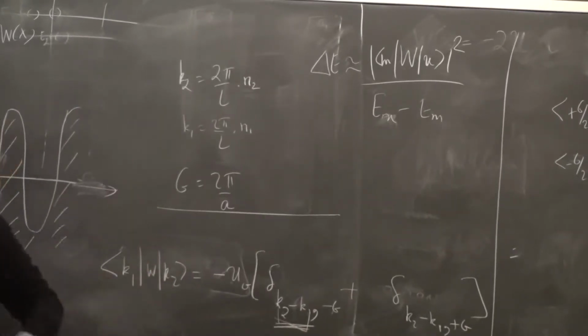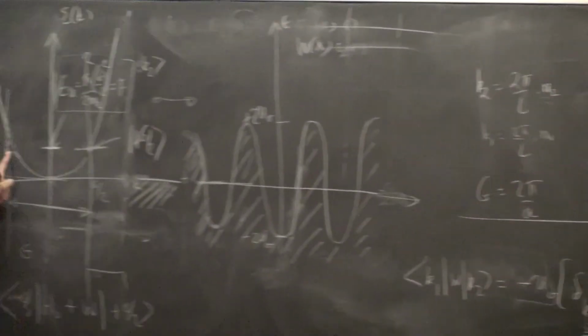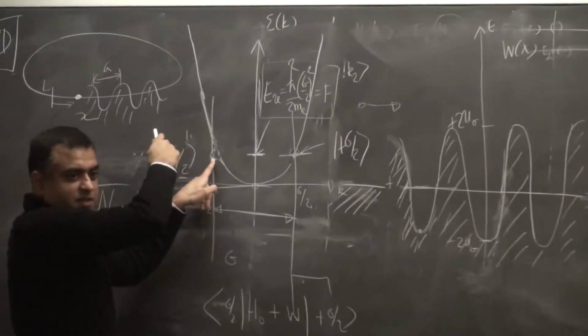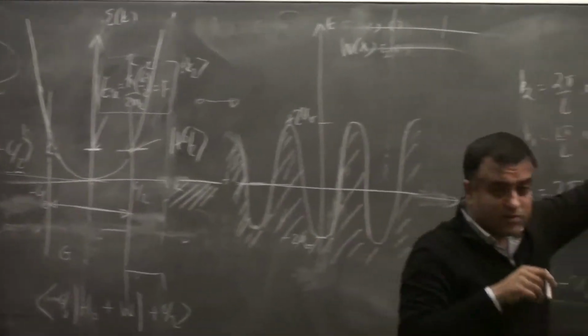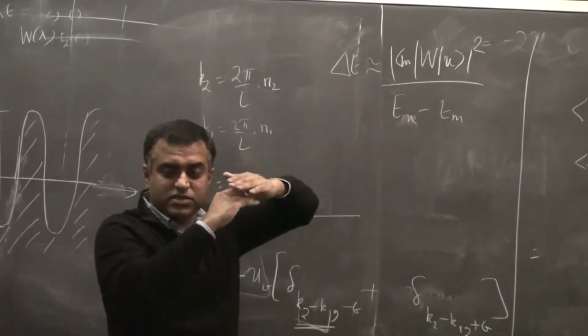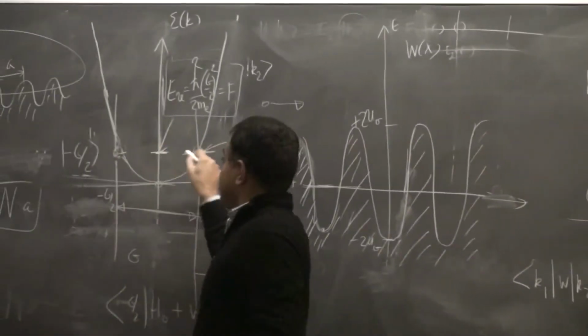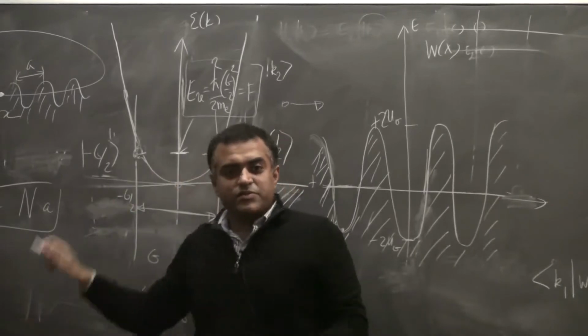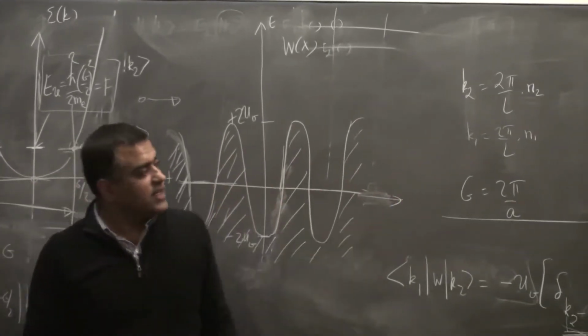And I found that every state will get perturbed because this will start talking to a state that's plus G and minus G, right? But then among those states, which one will get perturbed the most? That I get from here. It says, well, as long as the energies are close, they're the most perturbed, right? And then I find the ones which are degenerate, which is very, very large perturbation. And we're trying to find what are their new energies and what are the new eigenvalues. Now, that's what we're trying to do now, right?